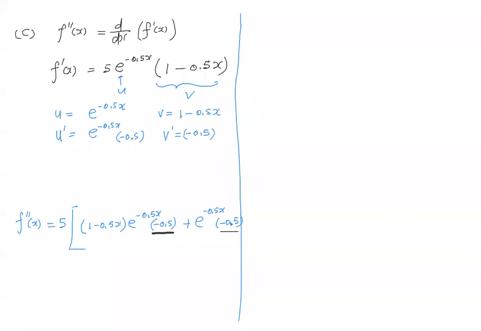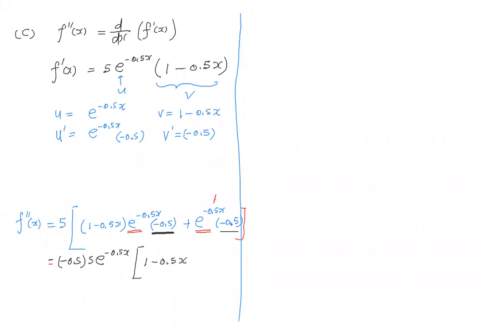Another common factor. So if I take out the whole thing, I have to remember this is a 1 here, right? So when you do factorization, you have to be very, very careful. I take out negative 0.5. I have a 5 here, e to the power of negative 0.5x, open bracket, 1 minus 0.5x.